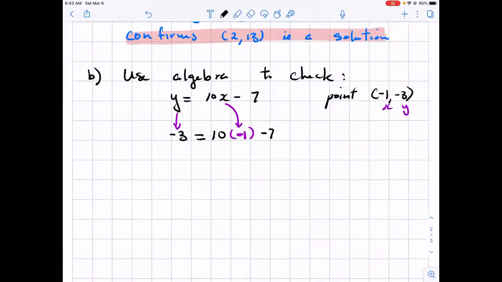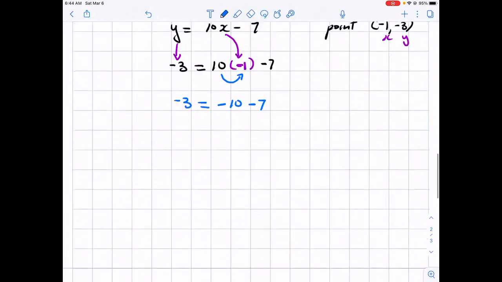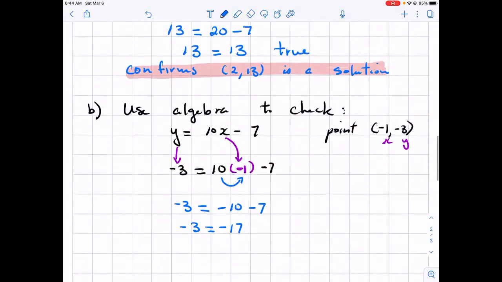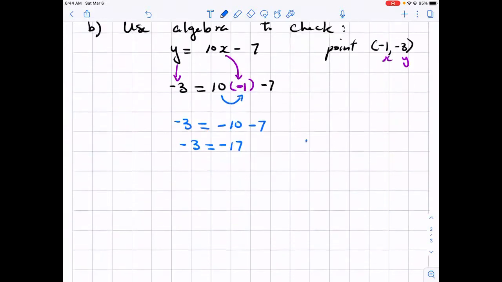So if we simplify this, we have -3 is equal to 10 times -1, which is -10, minus 7. So we have -3 is equal to -17. So notice now this is false.